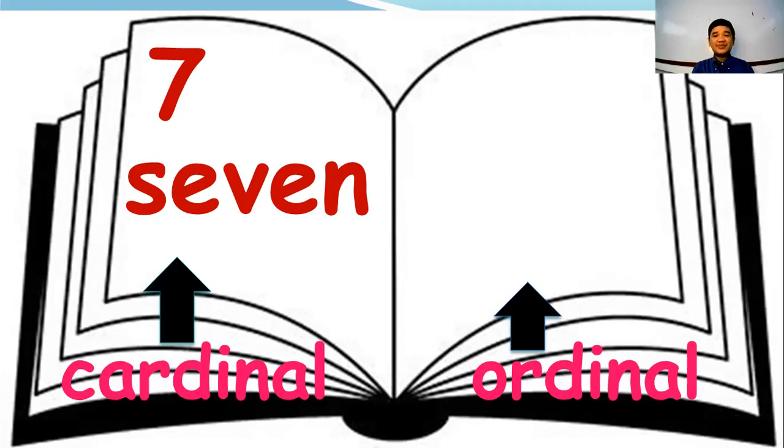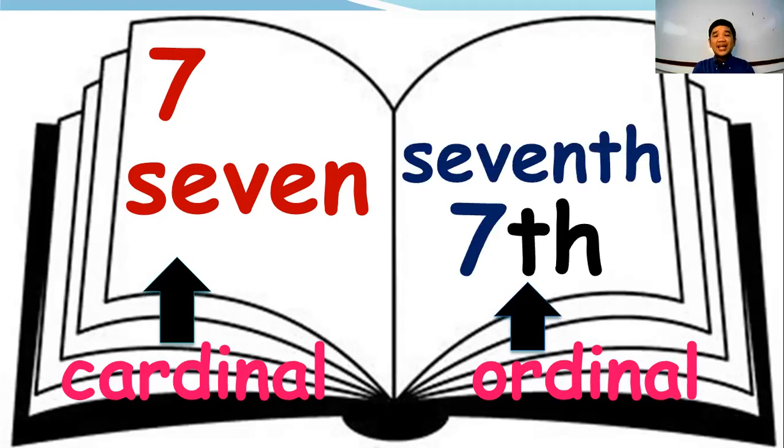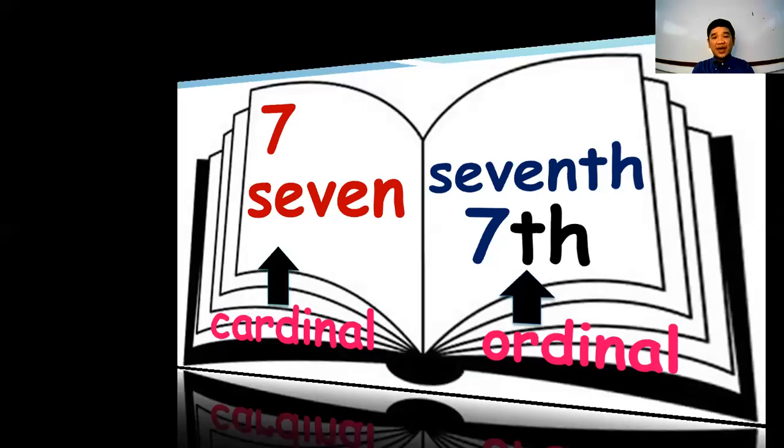Very good. Now, how do we write the cardinal number 7 as an ordinal number? We call it seventh. Some speakers might say seventh.